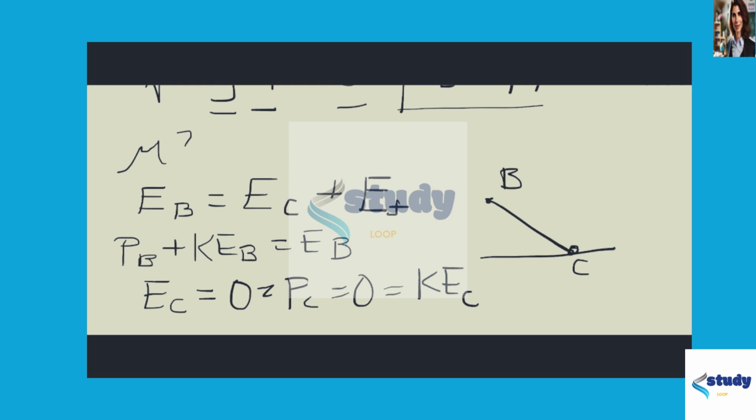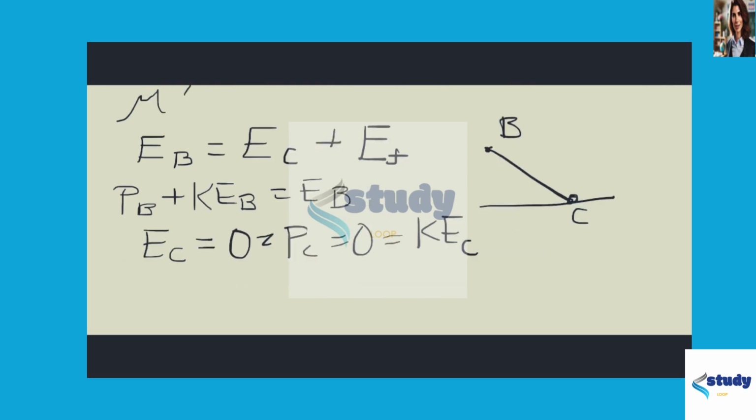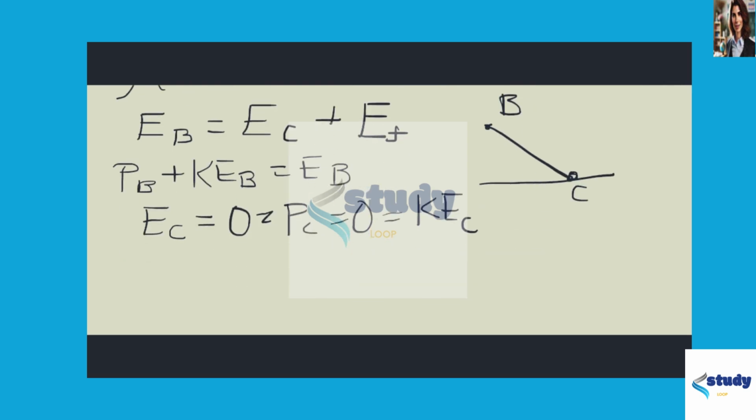So what we actually have is just an equation that EB is equal to the energy that is lost by friction.